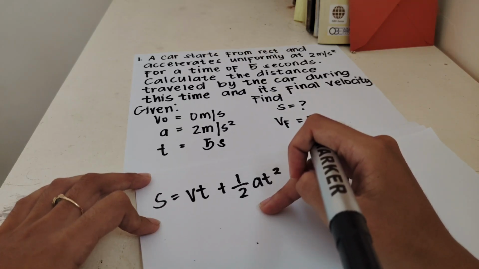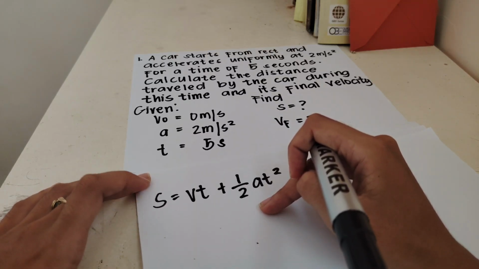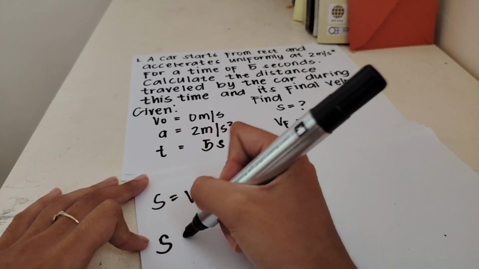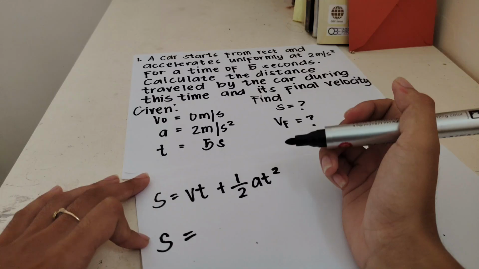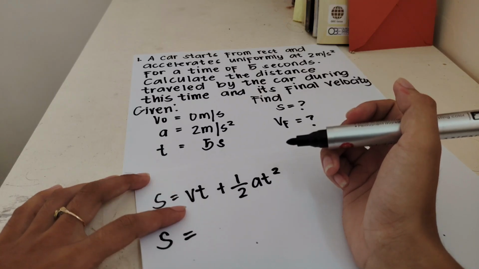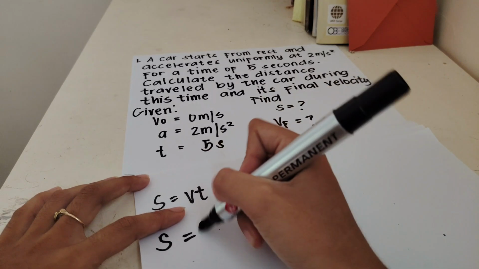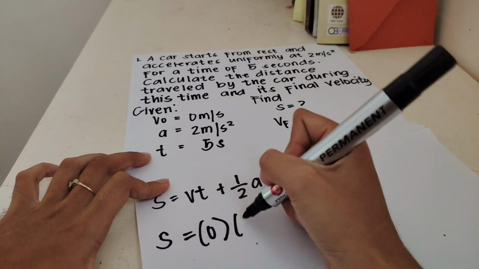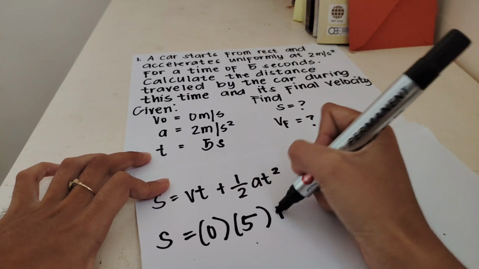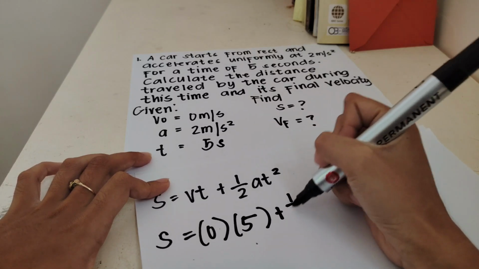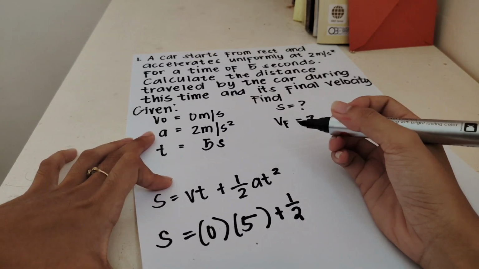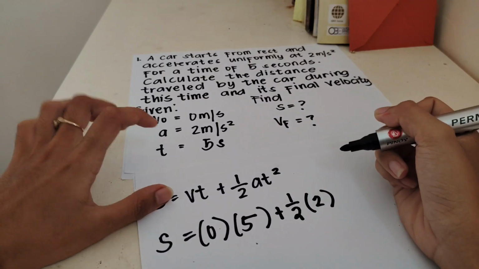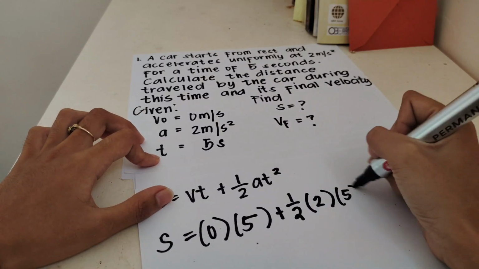So, we are finding the distance, which is S. S is equal to the initial velocity, which is 0, times the time, 5 seconds, plus 1/2 times the given acceleration, 2, times the time, 5 squared.